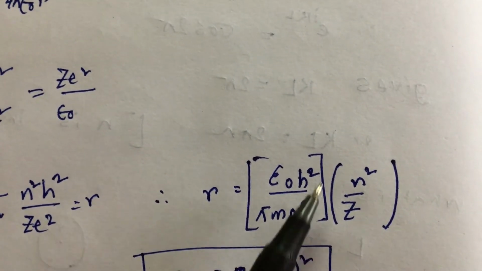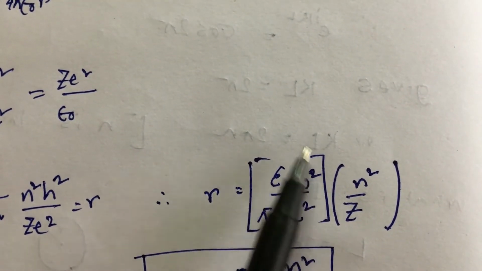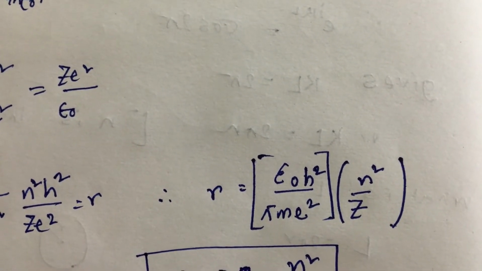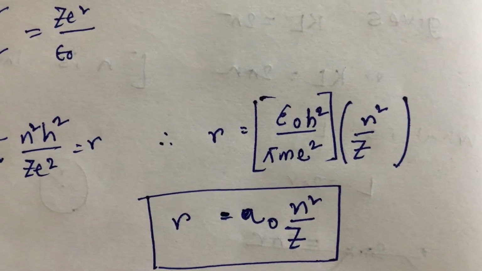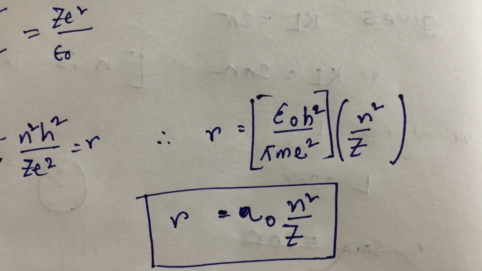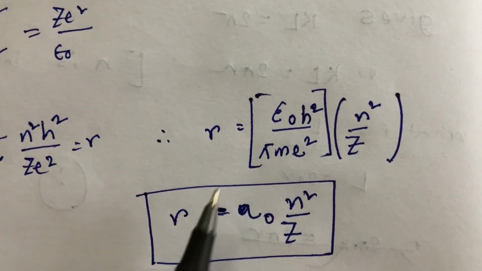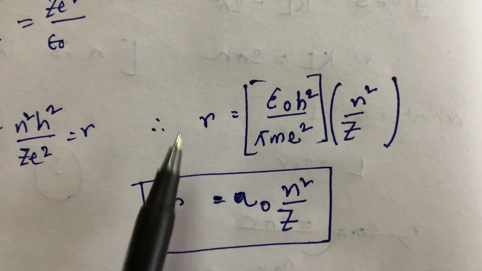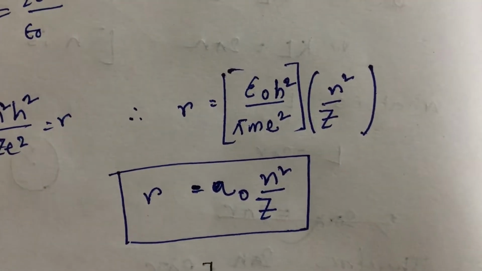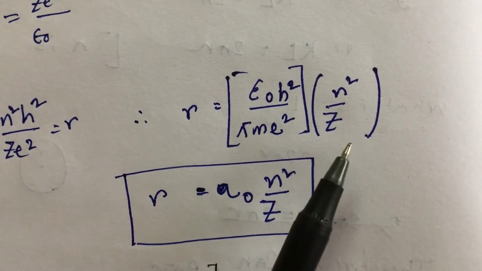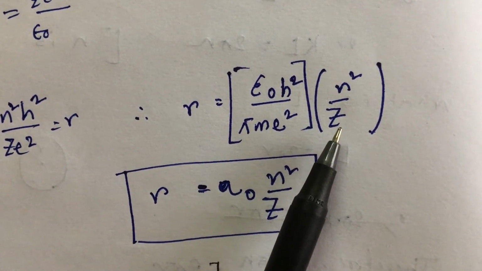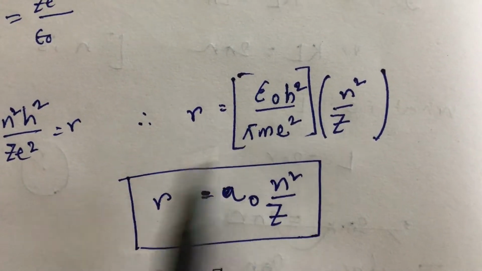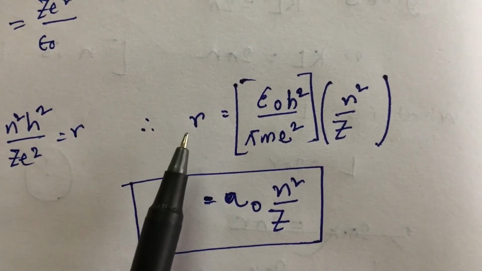We call this quantity a0, the Bohr radius, that is a constant value. And we know from this equation that the orbit is quantized, and if we put the value of z for different atoms and different values of n for different states, we will get r.